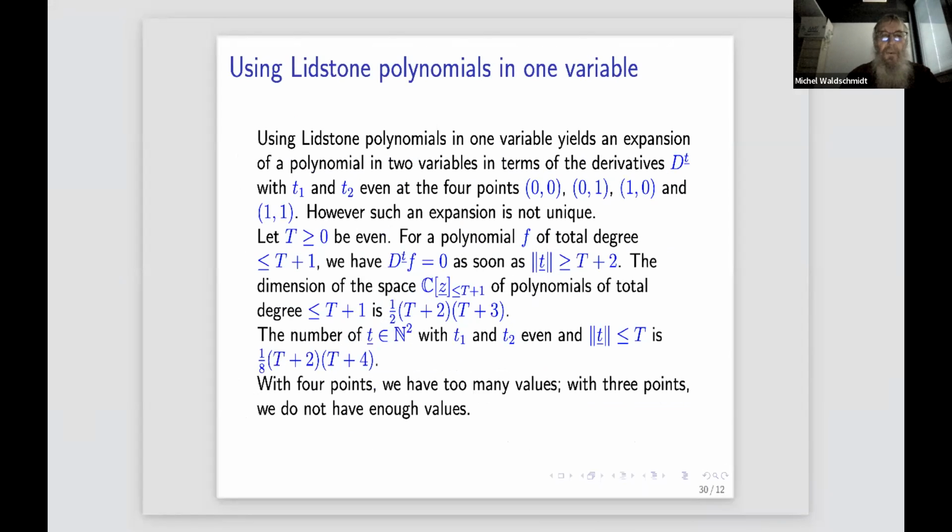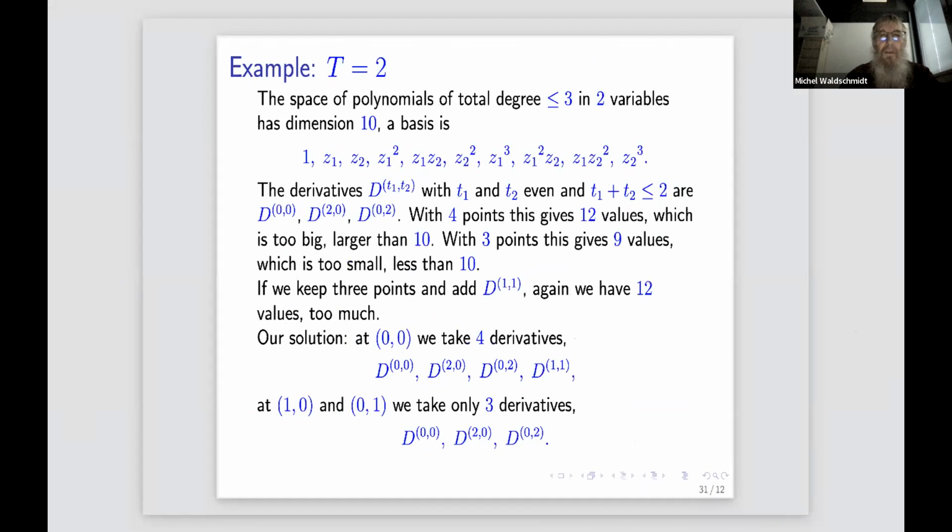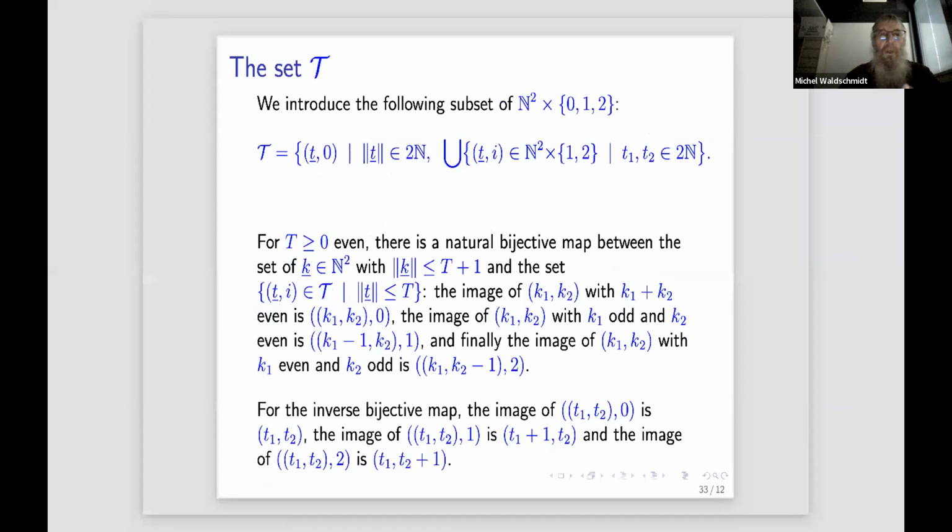If we use the Lidstone polynomials in one variable, we deduce an expansion involving the derivatives of even order at 0,0, 0,1, 1,0, and 1,1. But such an expansion is not exactly what I want. And I just want to explain what is the solution which I propose.